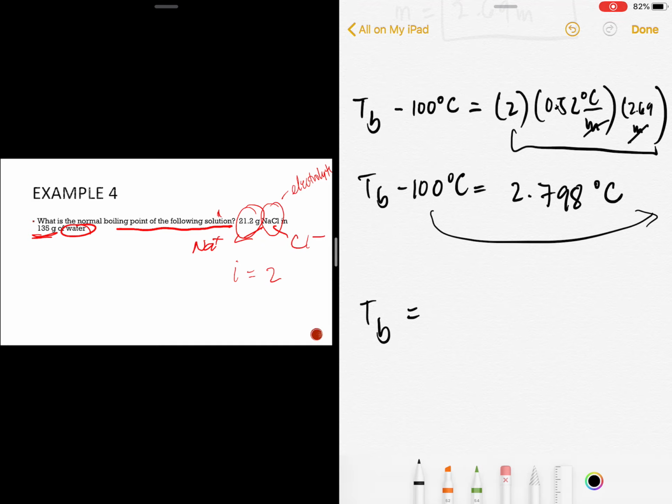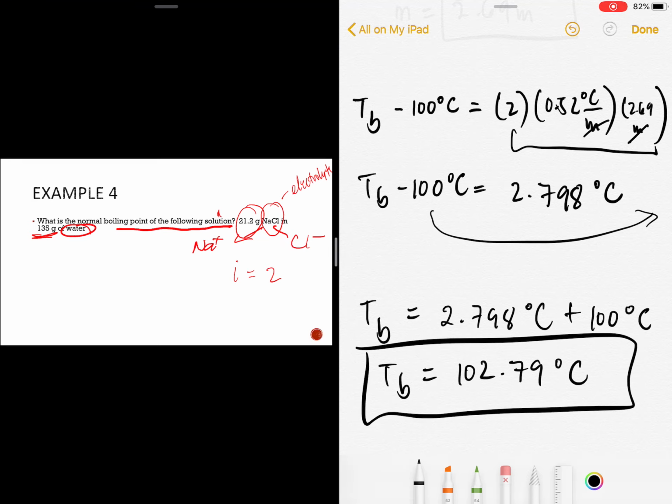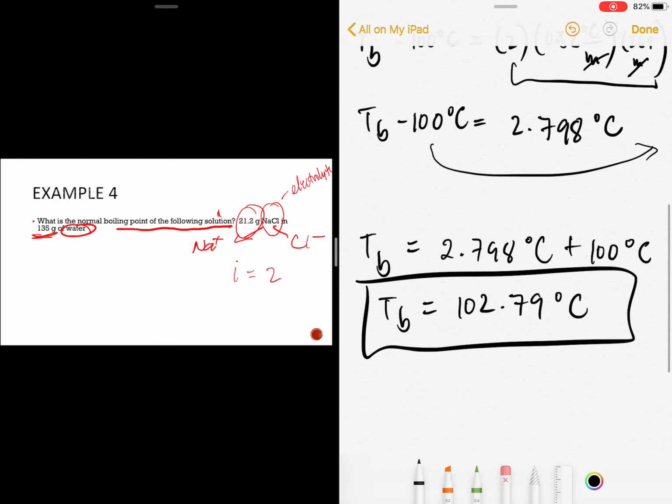So TB is now equal to 2.798 degrees Celsius plus 100 degrees Celsius. If you add 100 to that, you have 102.798 degrees Celsius. So this is the boiling point of the solution.